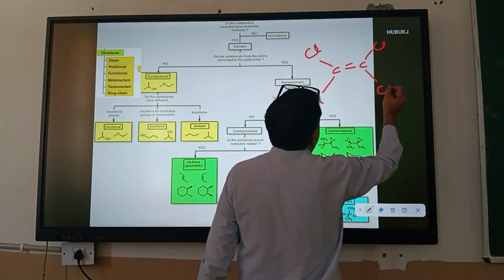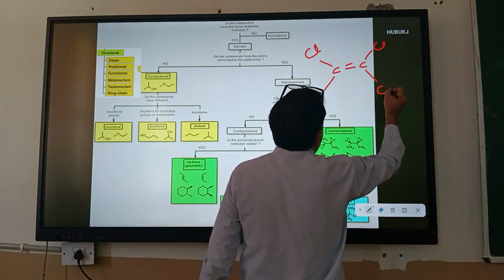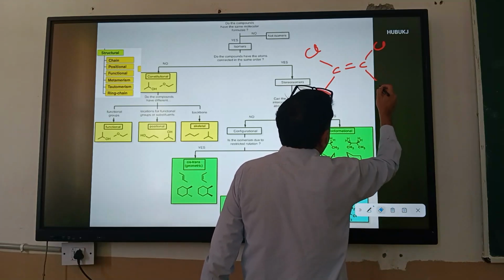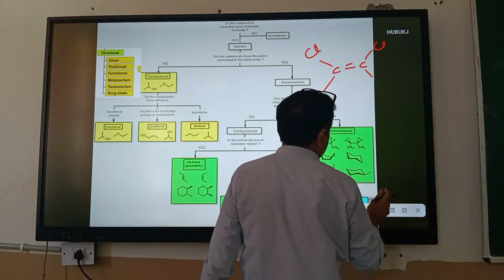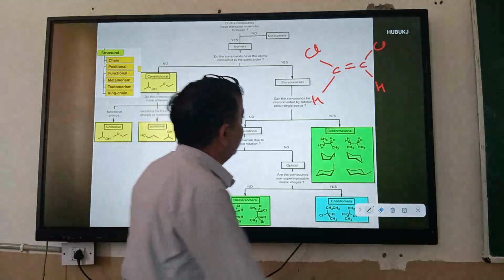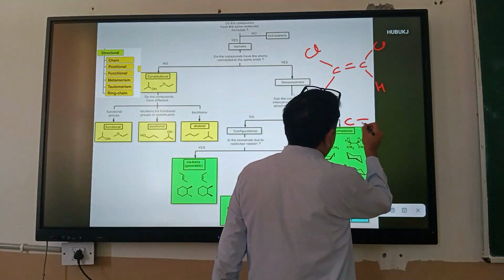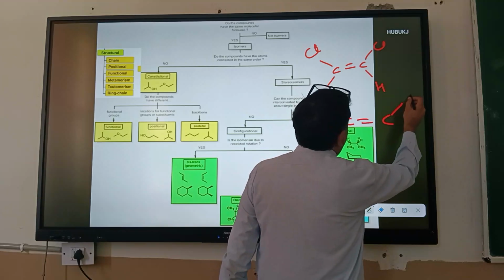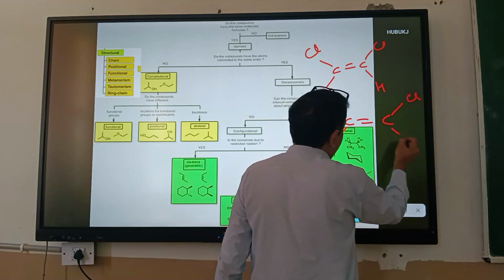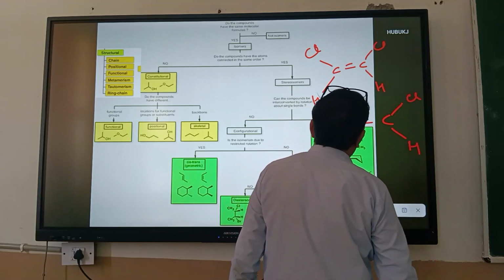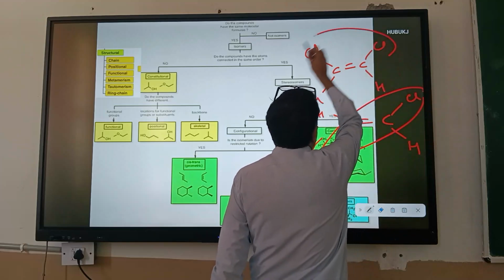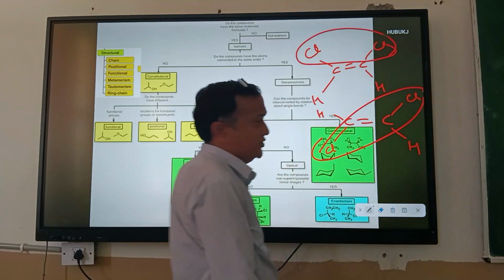This is known as the cis compound, and if I write another compound where the chloro groups are on opposite sides of each other, then that form is known as the trans form. When these are on opposite sides, this is the trans form. When these are on the same side, this is the cis form.